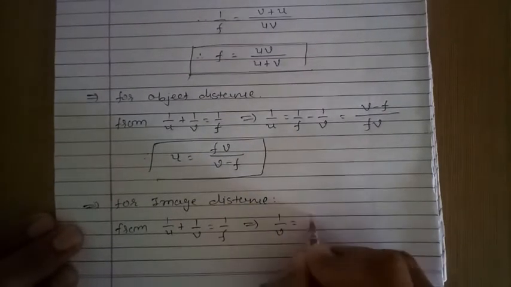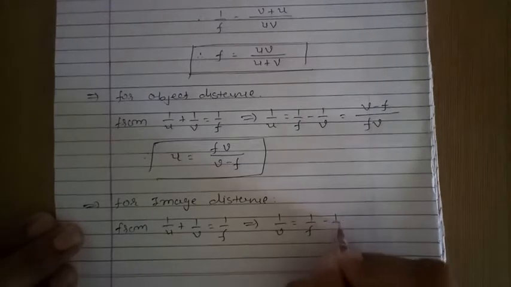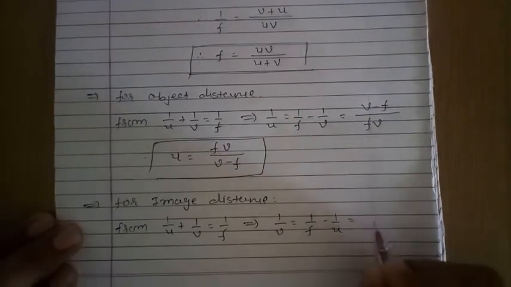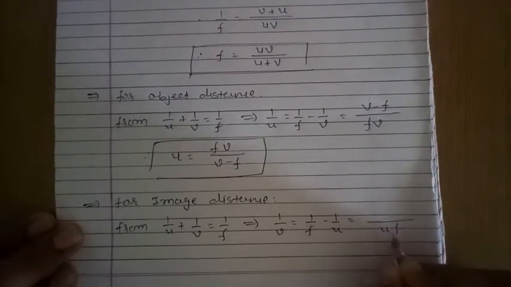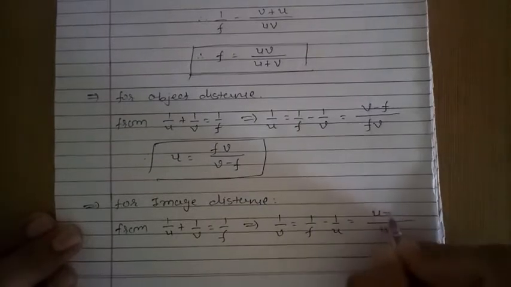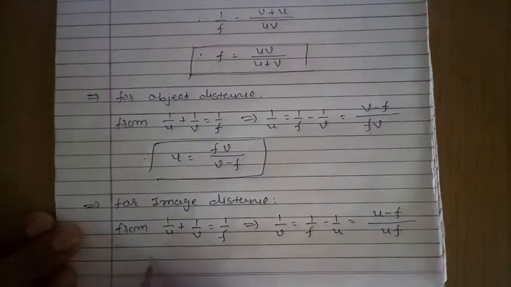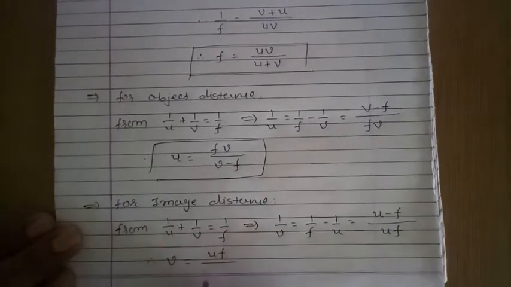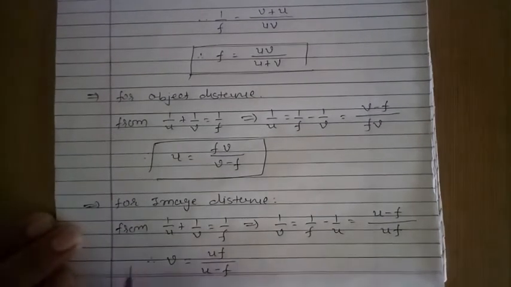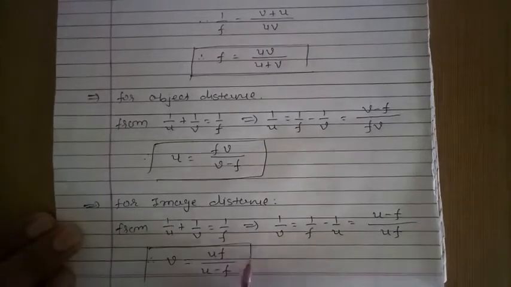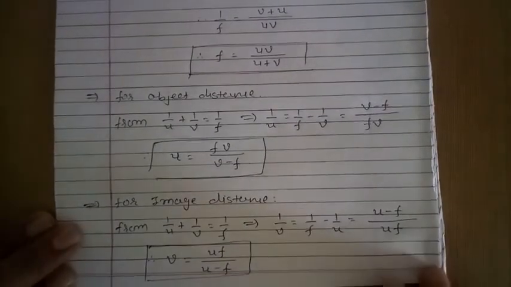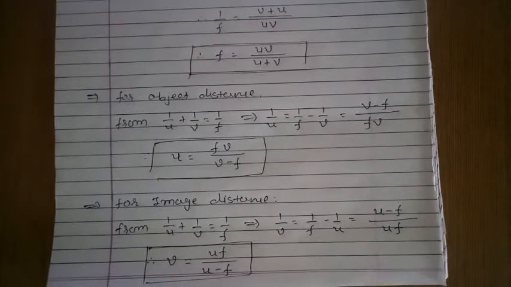So 1 by v is equal to 1 by f minus 1 by u. Here the LCM is uf, so u minus f. So we can write that v is equal to uf upon u minus f. You have to remember this equation: v is equal to uf upon u minus f.